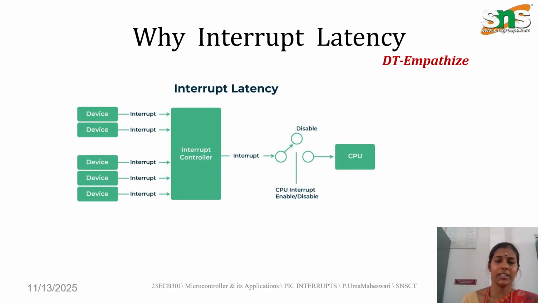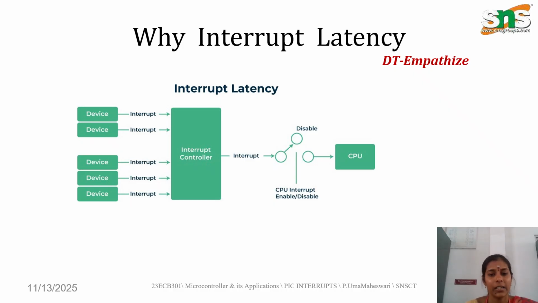Here, what is an interrupt first of all? A PIC interrupt refers to a signaling system in PIC microcontrollers that temporarily halts the main program to execute a special routine called an interrupt service routine when a specific event occurs.